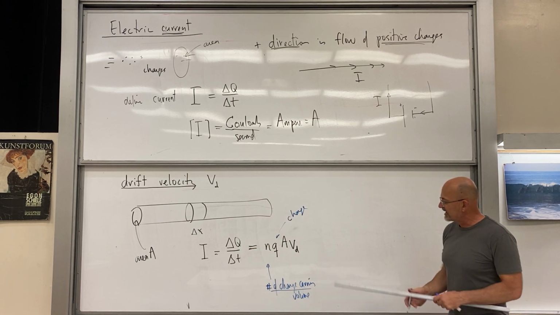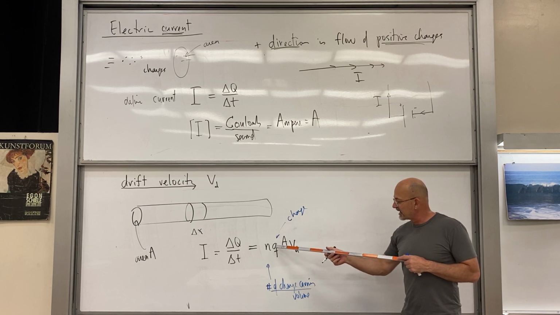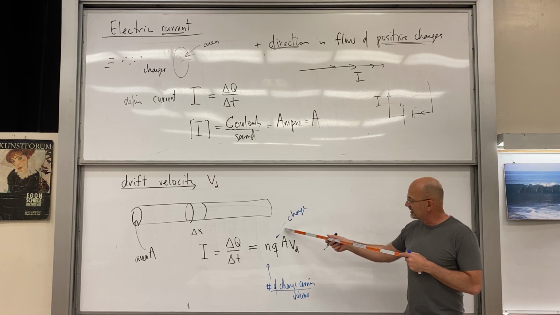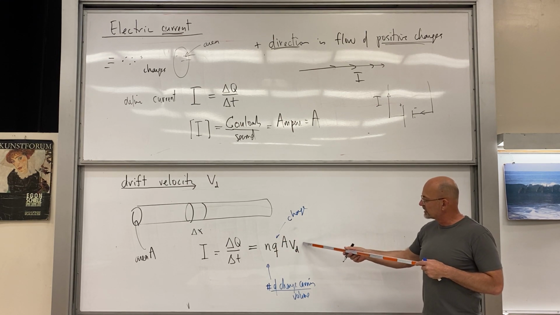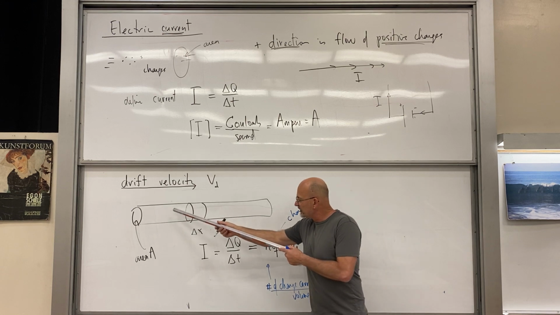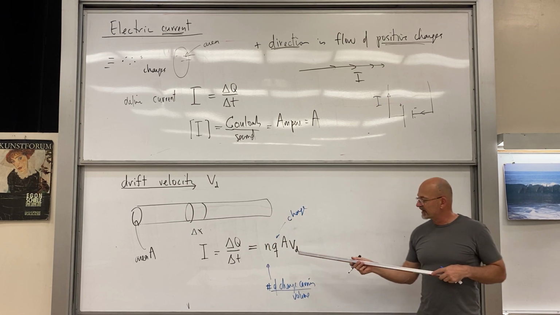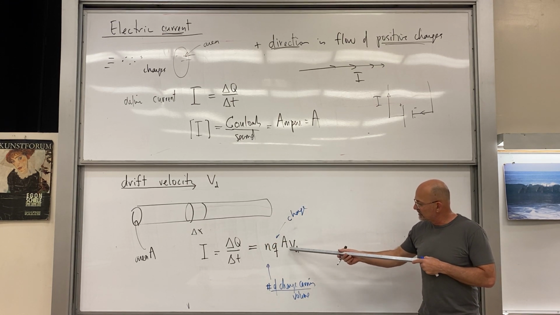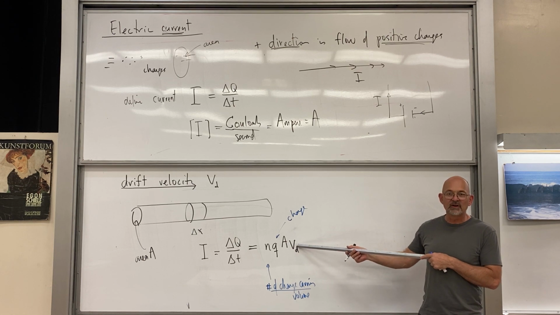But this expression is good to analyze for a couple of cases. What you'll find, and I think we have a good example in the book that I'll leave you to look at, is that for say a wire with some, say 1 ampere or something, the drift speed will actually be very, very slow.